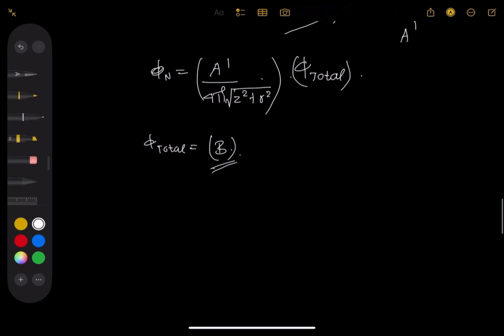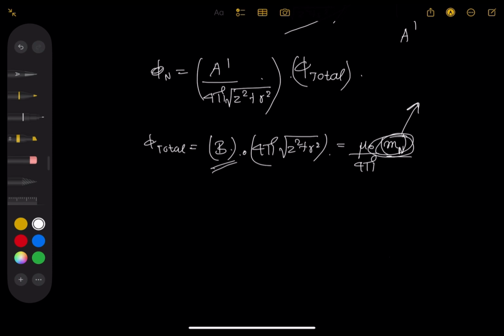B times the area, which is 4 pi times z squared plus r squared. That is the total flux. So we may evaluate what B is easily. Mu naught over 4 pi times the pole strength at the North Pole, divided by, and we already know how to translate this pole strength in terms of other variables.